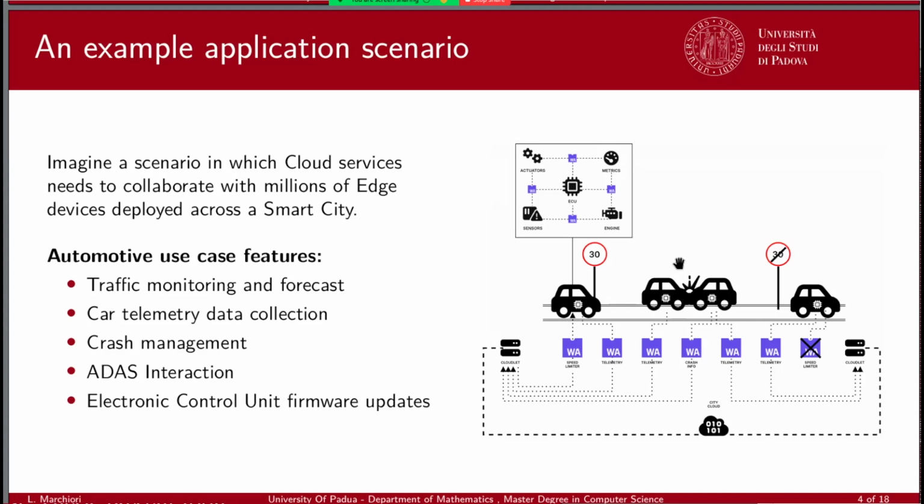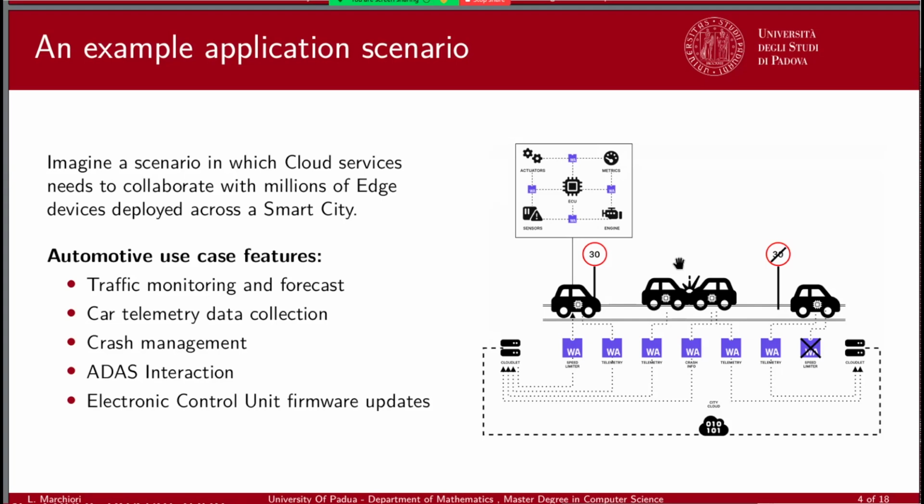So let's think about a scenario where we have a smart city that wants to have a cloud infrastructure that can communicate and interact with the ECUs inside the cars going around in the city. This is a very complex thing to do because we have hundreds, if not thousands, of electronic boards.